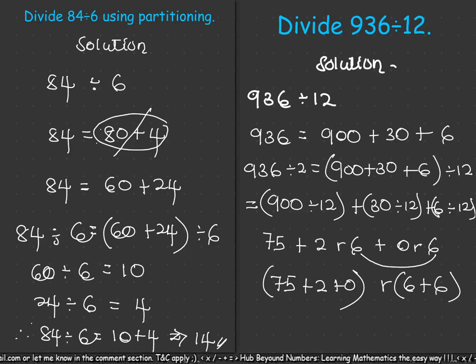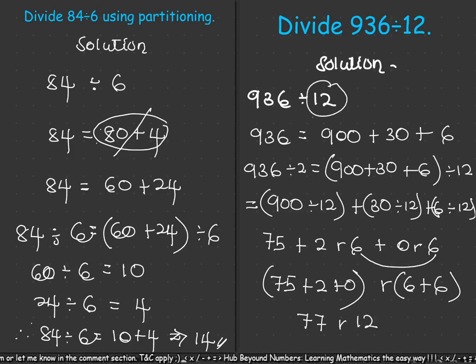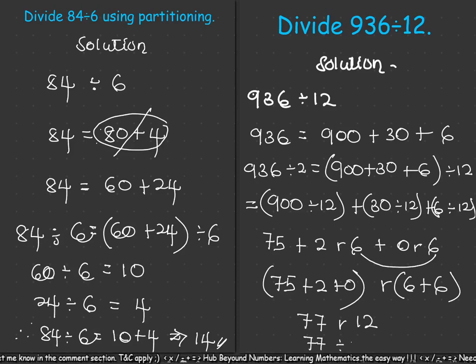So 75 plus 2 gives us 77, remainder 12. And take note, we are dividing by 12, so if there is another 12, then we can still divide. So we have 77 plus 1, because if we divide this 12 by 12, we get 1.